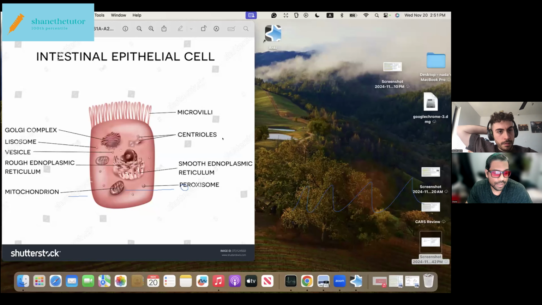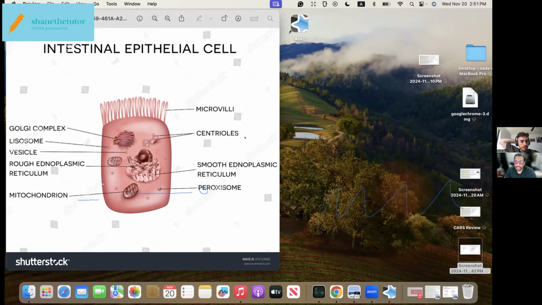So essentially you have a bunch of these, and above it you see the microvilli. They are projections, and it's almost like a brush, and that just increases the surface area of our intestines so that things can get more digested.